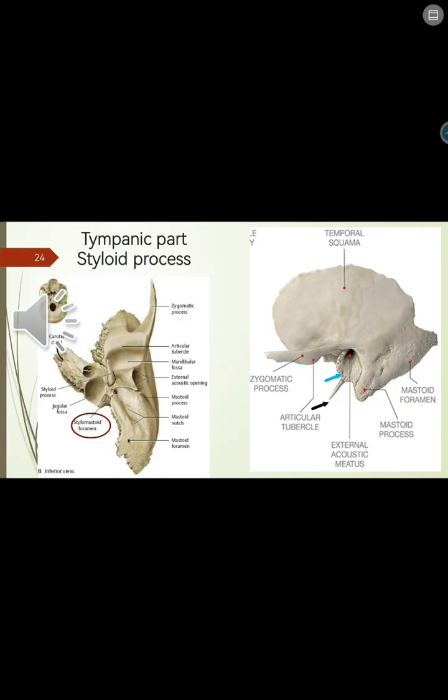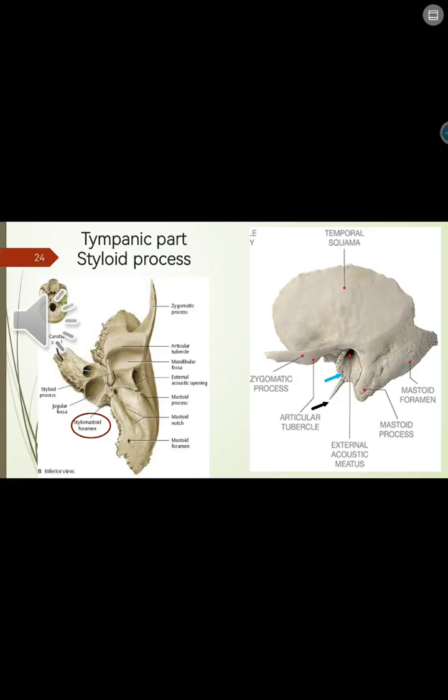In the left picture, I show you the stylomastoid foramen in red, and in the right picture, I show you with a blue arrow. I show you the tympanic plate with a blue arrow. You can see this plate participates in the shape of the external acoustic meatus.